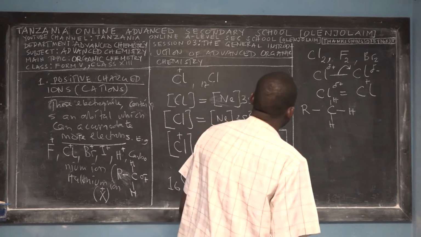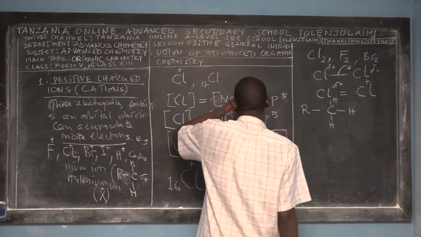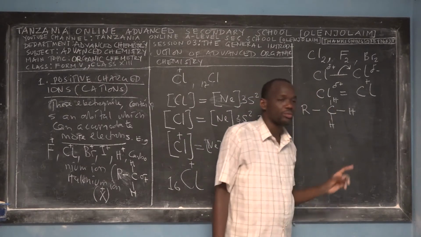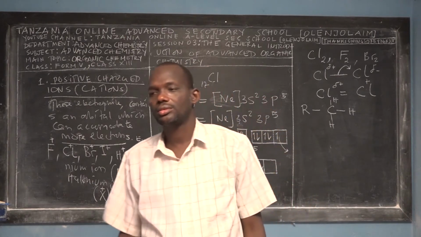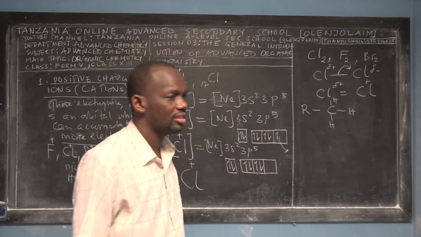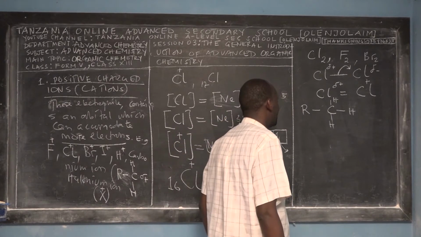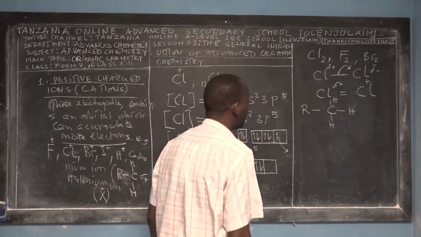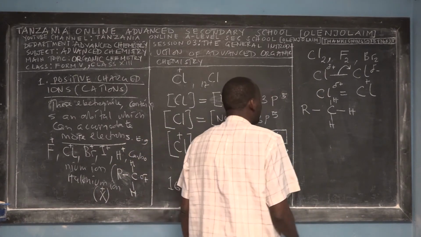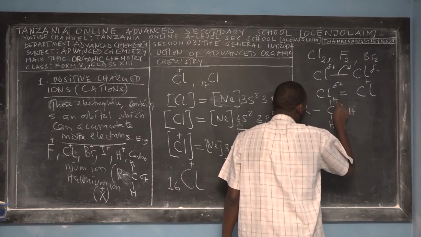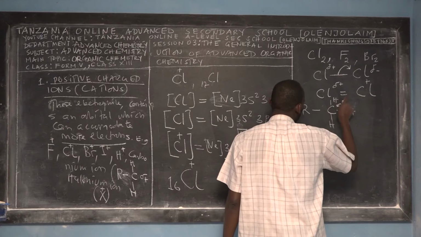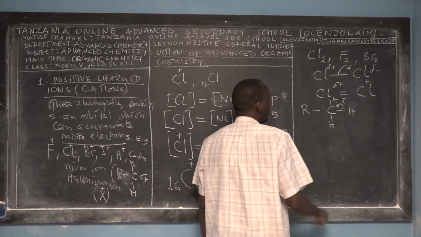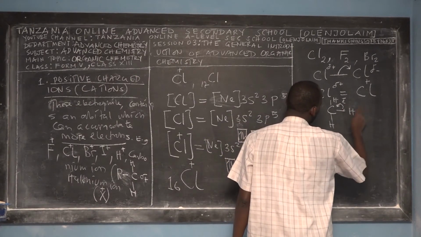For this scenario, between carbon and hydrogen, which is more electronegative? Carbon. Are you sure? Yes. So carbon is more electronegative than hydrogen. Now if this bond breaks, the more electronegative atom will take all the electrons, and the other one will become partially positive.